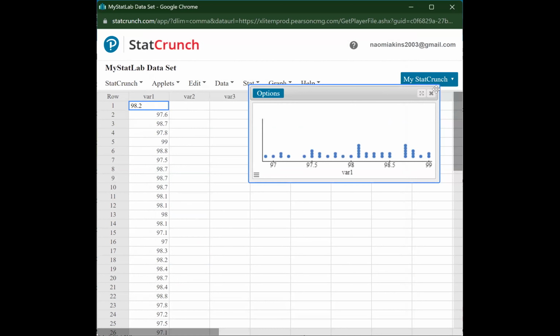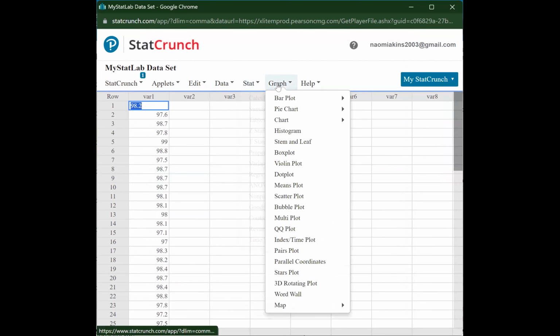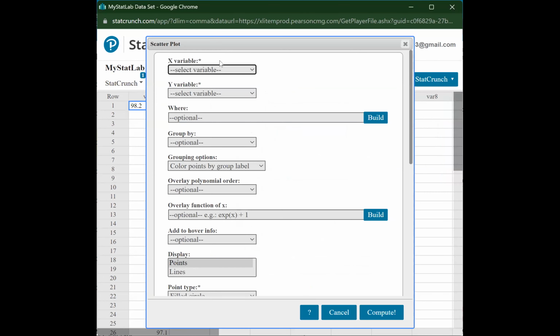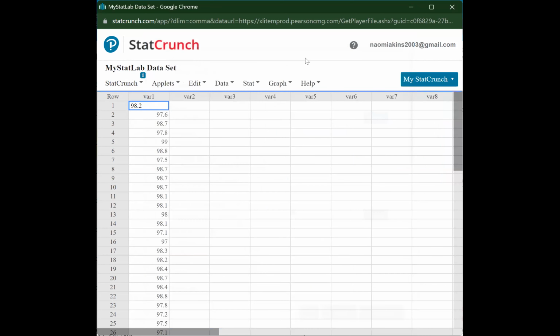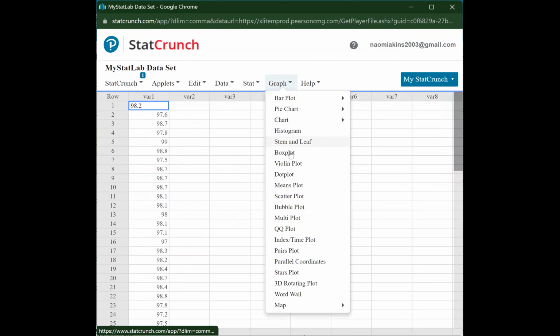I chose the wrong graph. We don't want a dot plot, we want a scatter plot. Where is the Y variable? Let me try to figure out why we can't just get a plot of this data.